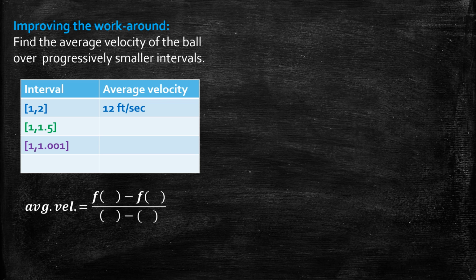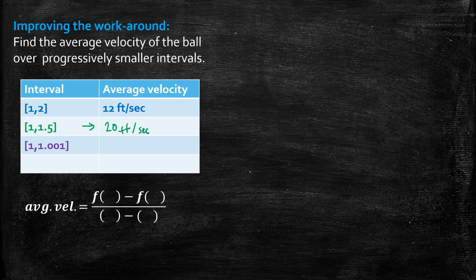To work out the average velocity over 1 to 1.5, this interval, we would find f of 1.5, the height of the ball at 1.5 seconds, subtract the height of the ball at 1 second, and then divide by the time difference, a half a second that has elapsed. If you work that out, I'll leave that up to you, it should come out to 20 feet per second. So hopefully that's a little more accurate, but let's improve.